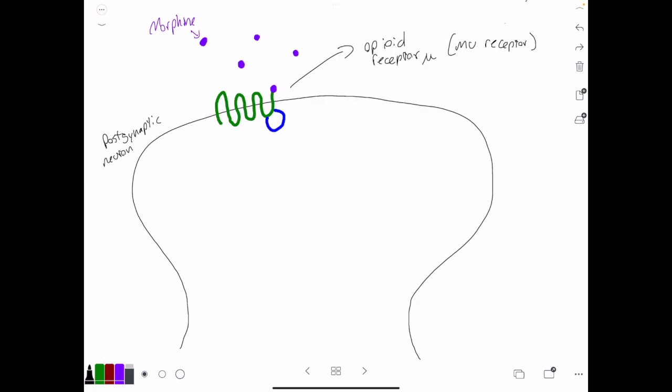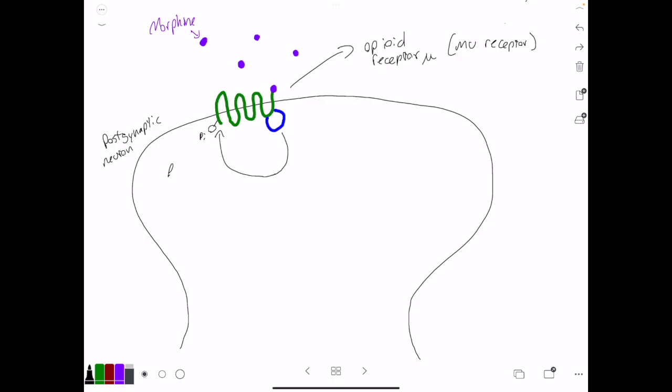Binding to this metabotropic receptor sends off a feedback on the receptor itself. And so through this secondary messenger system, we phosphorylate our own receptor, our mu receptor.